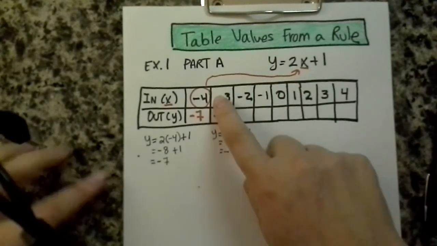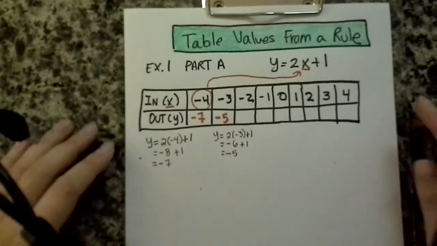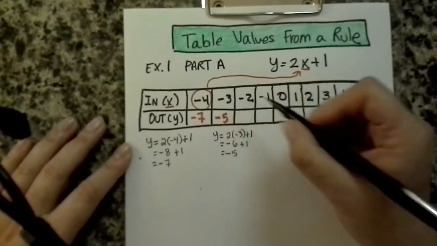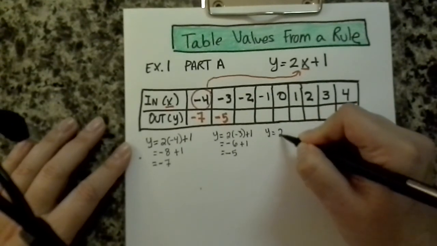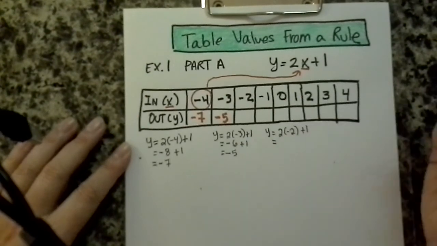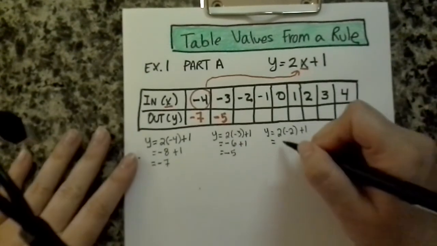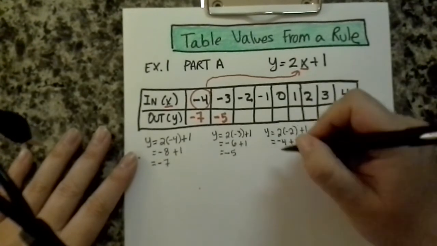And we keep doing this for each one of our x values. I'm only going to do 3 and then I'll show you what you would get for the entire table. So let's take -2. 2 times -2 plus 1 equals, so 2 times -2 is a -4 plus 1, different signs.